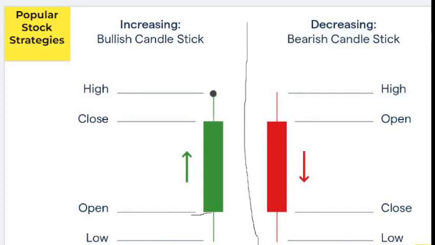The wick is the high. What do you mean by the high? Suppose there is a market and some person is selling something. At one given point, suppose he was selling this for, let's just say, 10. And at any given point, he was also able to find some customers to sell it for 12 or 13 or 15.